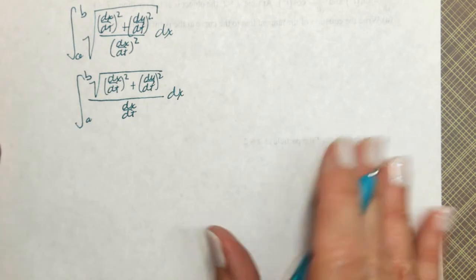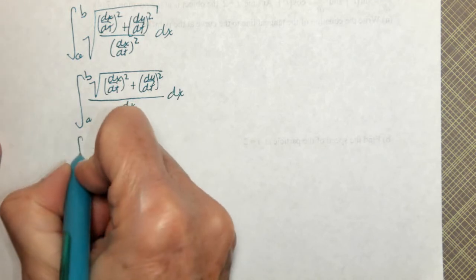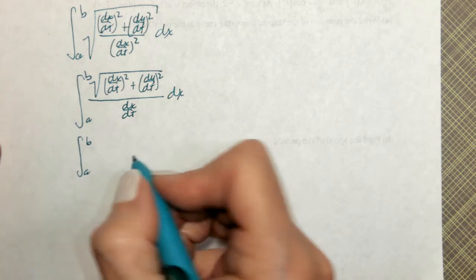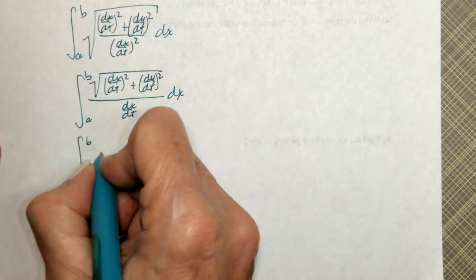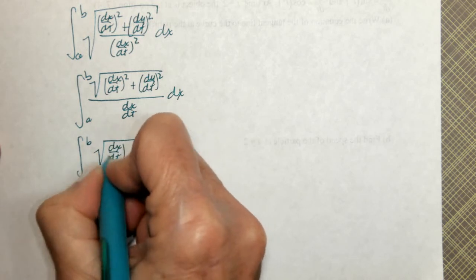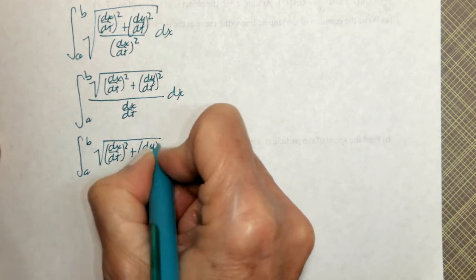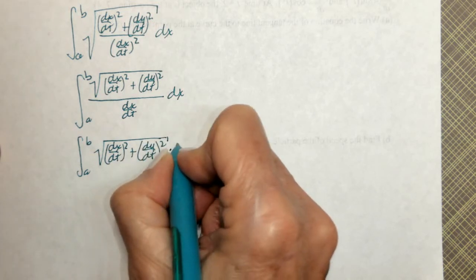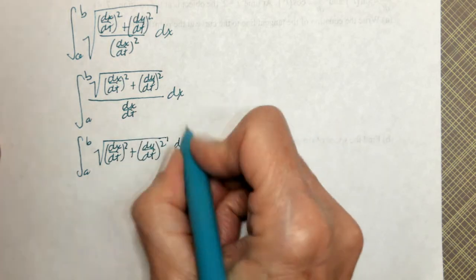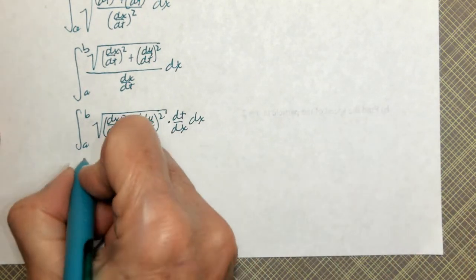Well, I'm dividing by dx/dt, and dividing by dx/dt is the same thing as multiplying by dt/dx. So instead of dividing by dx/dt, I'm going to multiply by dt/dx. I still have this dx over here. What happens to the dx's? They cancel out. So we have this equation.